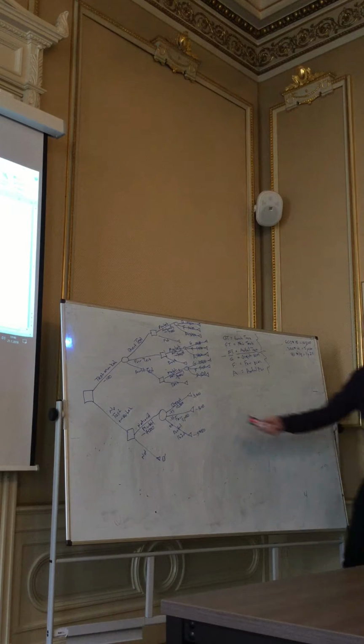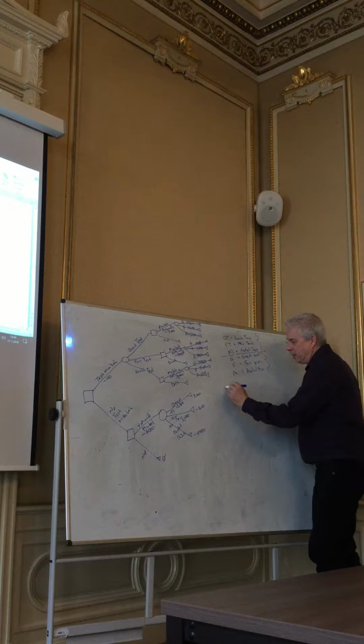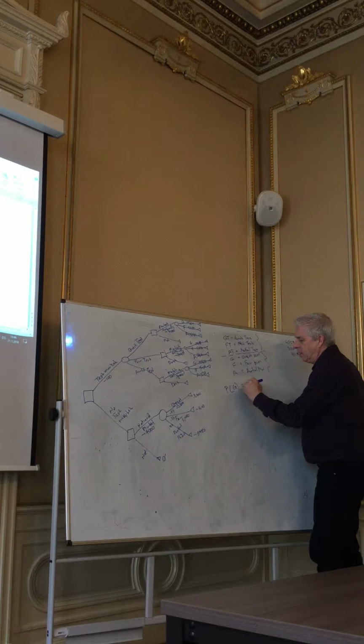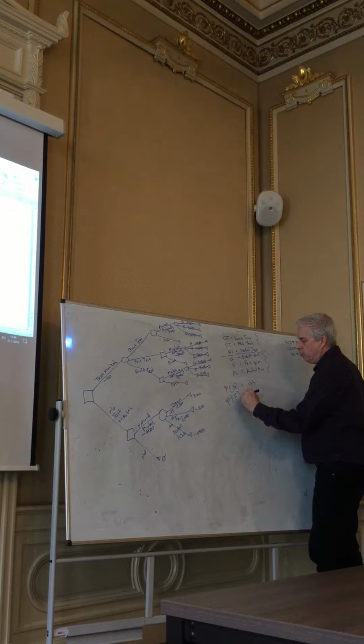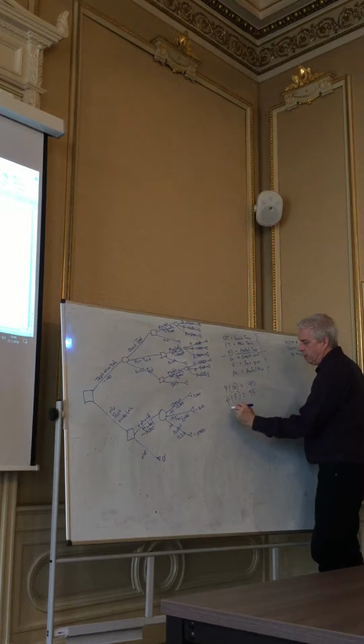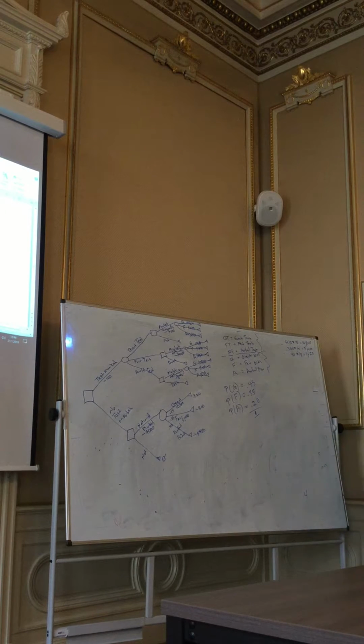Those are the prior probabilities, exactly, very good. The probability of good is 0.45, fair 0.35, awful 0.20. You can see they sum up to 1, not surprising.